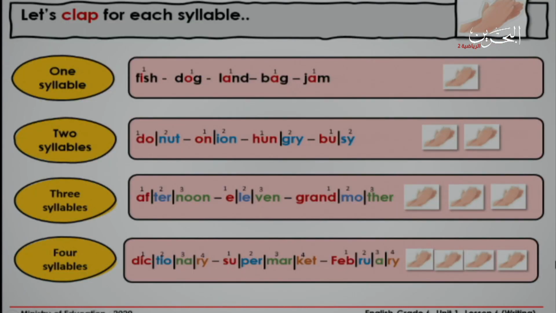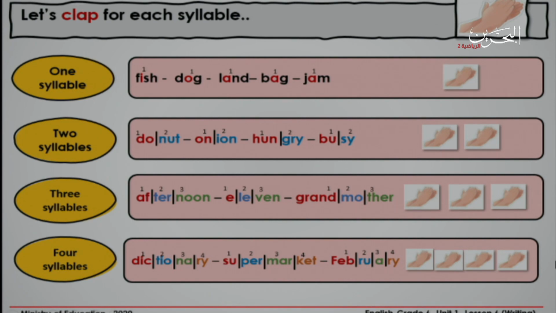We have got words with 1 syllable, 2 syllables, 3 syllables, 4 syllables, or even more than 4 syllables. Let's take an example of words of 1 syllable, only 1 vowel sound, like fish, 1 sound. Dog, this is 1 vowel sound.